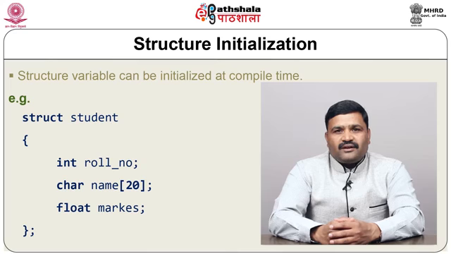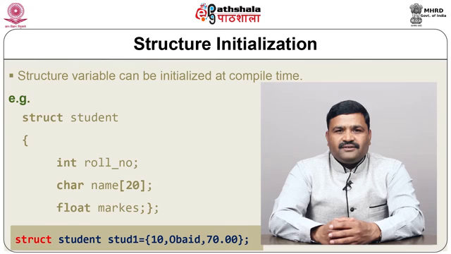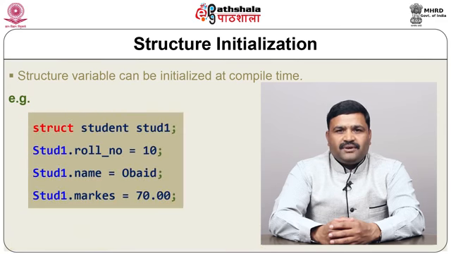Here we are creating a database for different students. Suppose we want to create a database for student 1. Here you can see struct student student 1 equal to some values like 10, the name of the student Obed, and 70.0. In this example, 10 is the roll number, the name of the student is Obed, and the percentage of marks is 70.